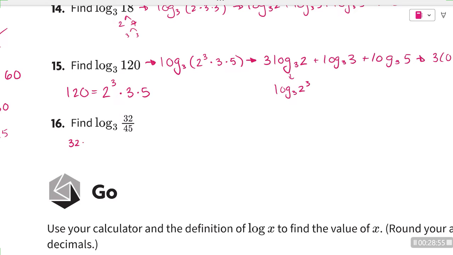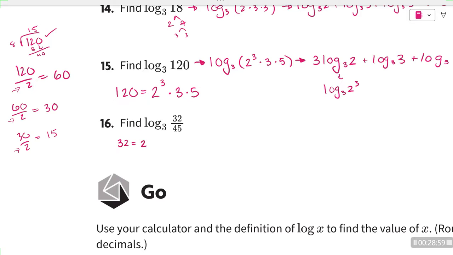But if you don't, that's okay. Break it down. Let's just do 2 to the 16 first, right? So we know 16 can be 2 times 2 times 8. Well, that's 2 times 2. Well, 8 is 2 cubed. So this is 2 to the 5th power.